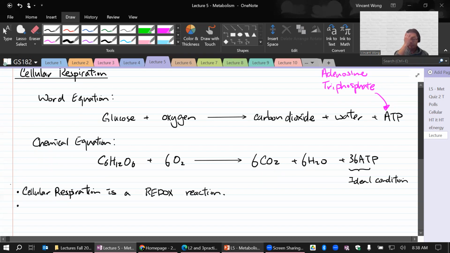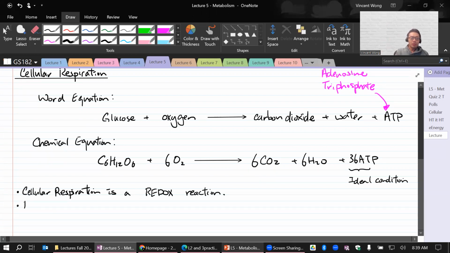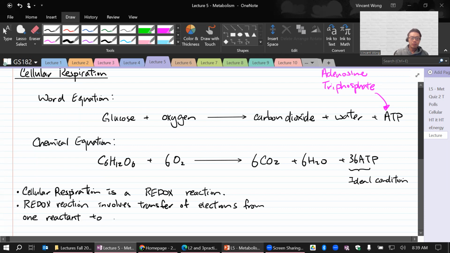So I can hear your question through the computer screen, right? What is redox? Redox reaction involves transfer of electron from one reactant to another.